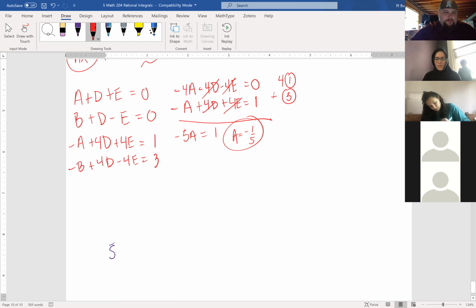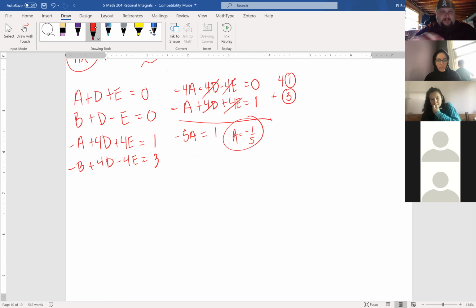Then I'm going to do, let's see, equation 2 and 4 look very similar. They have all the same stuff.